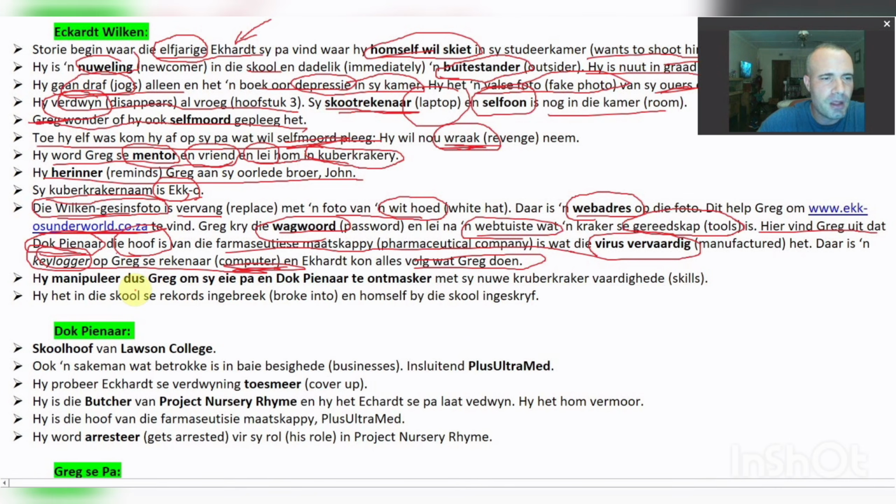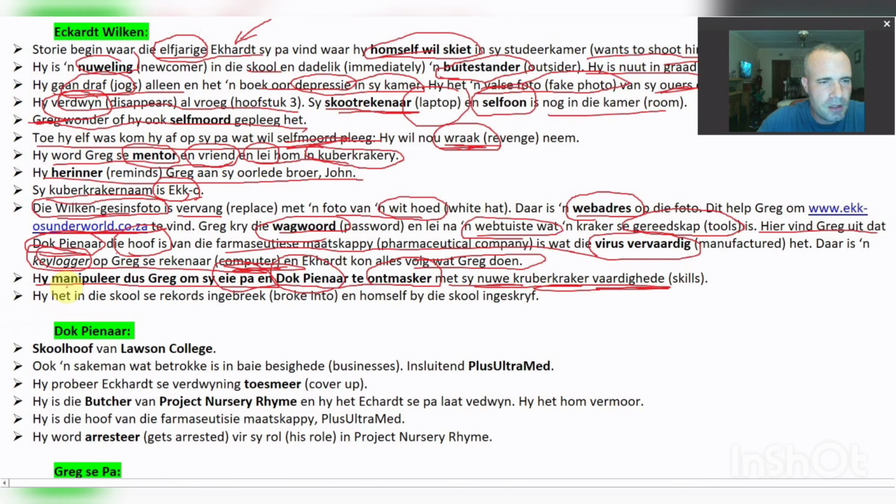Okay. So here's an important point. Hy manipuleer dus Greg om sy eie pa en Dokpinar te ontmasker, to unmask them as criminals with his new skills as a hacker, and he got those skills from Eckhart.